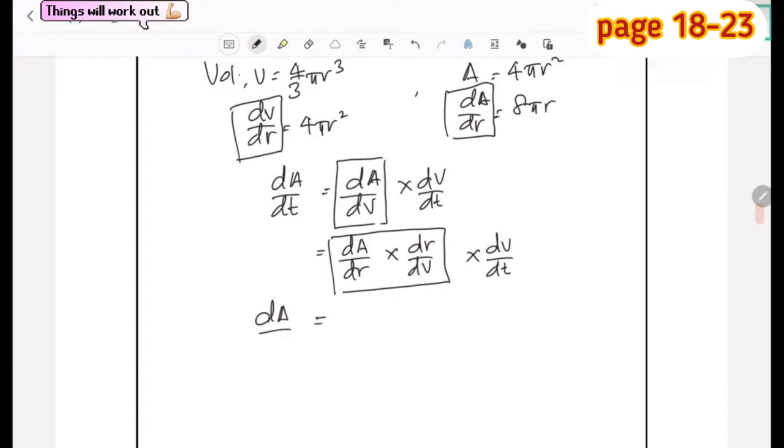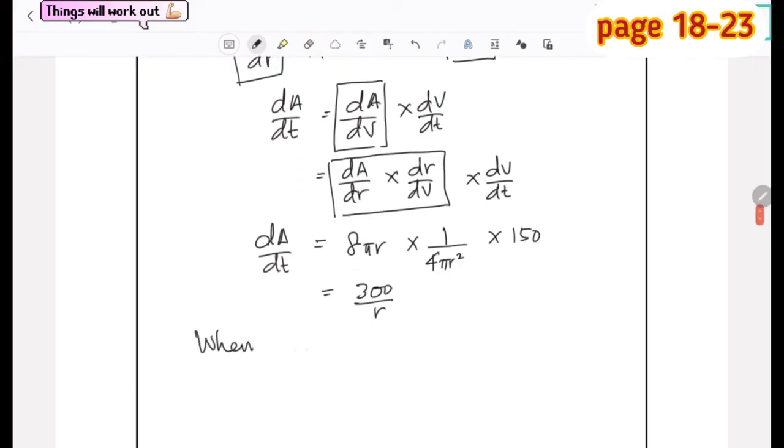So let's substitute. dA/dt will be dA/dr, which is 8 pi r, times dr/dV, which is 1 over 4 pi r squared, times dV/dt, given just now as 150. Simplify, we get 300 over r.